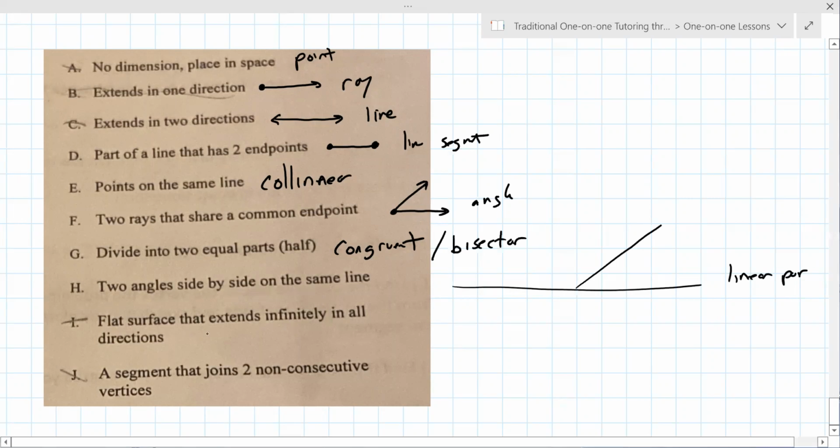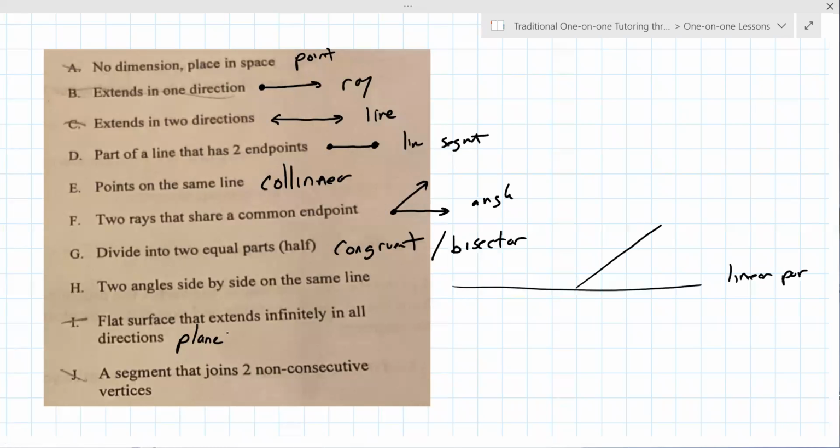Now, a flat surface that extends infinitely in all directions is called a plane. That's something you literally can't draw, like trying to map the ends of space. It goes on forever.